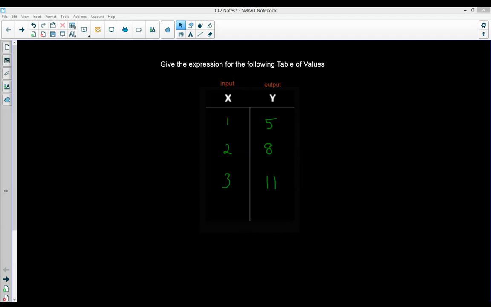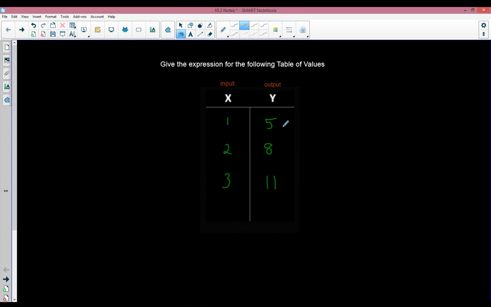So we're looking at a table of values here, and it says give the expression for the following table of values. Again, we've got our input, the x, and output, the y. What we're going to do is look at this table of values and come up with the expression. Like in a previous video, we might have said to take a look at what you think the skip count is.